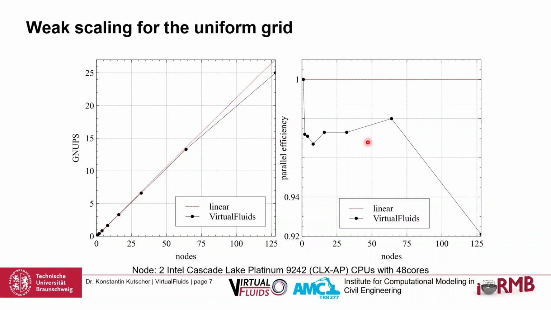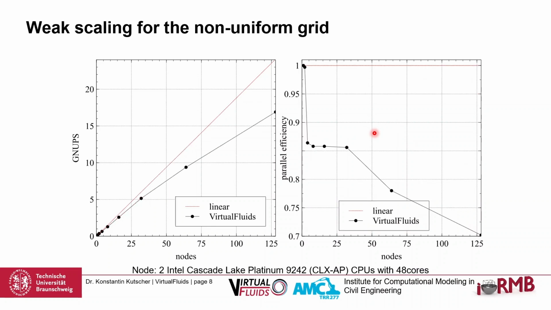But in this case, you can see the parallel efficiency is more than 90%, and I think it's a good sign that we do our work very well. The next slide shows weak scaling for the non-uniform grid.